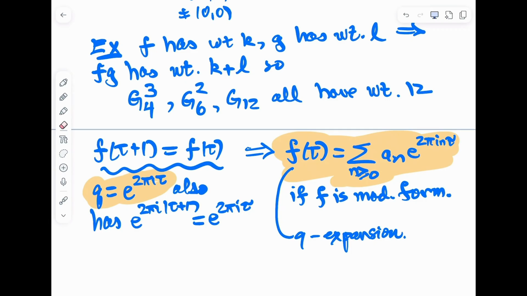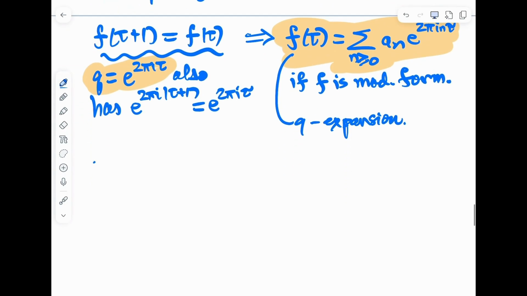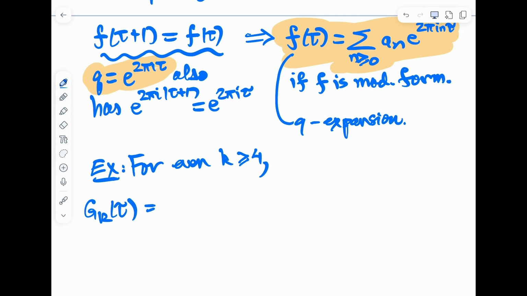In any case, let me tell you about the power series for the Eisenstein series, and then we'll bring in the connection with the theta functions. So for even k at least 4, the Eisenstein series have an expansion in powers of e to the 2 pi i tau. The constant term a naught is twice the zeta function at k.